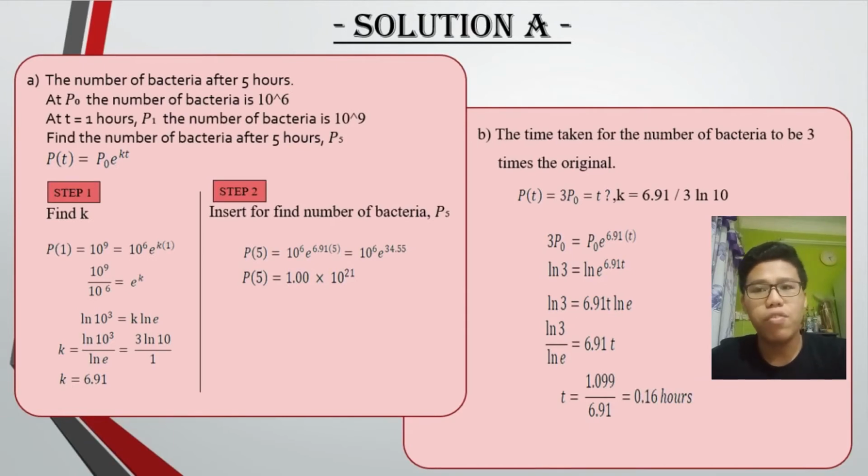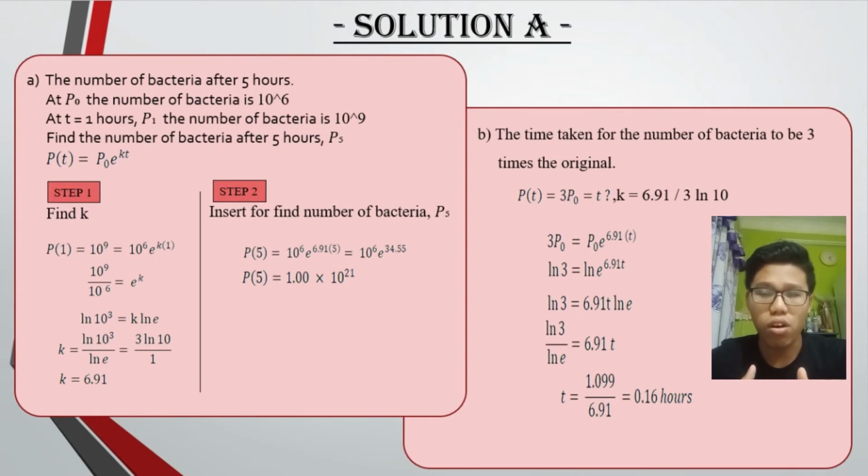For part A, first we need to find k. First of all, to find the number of bacteria after 5 hours, to find k we need to use the number of bacteria at 1 hour, which we have, and we know that P0 is the initial number.